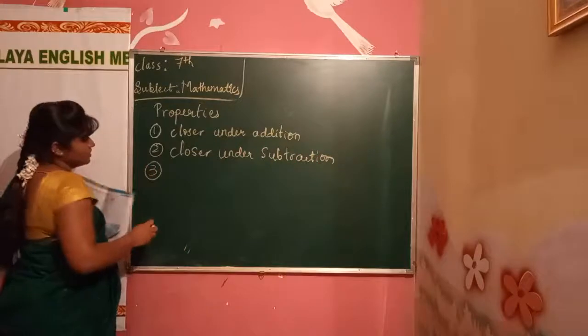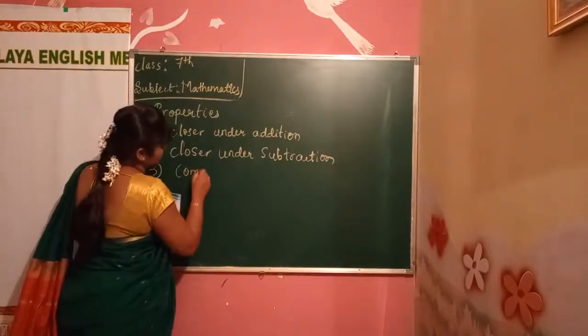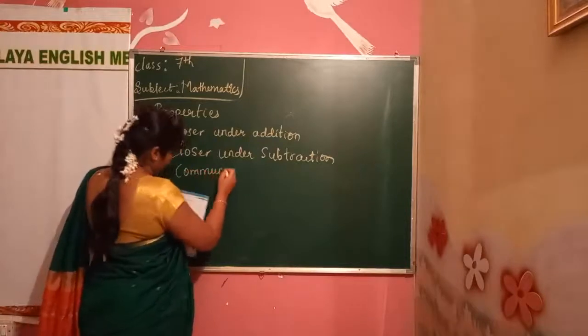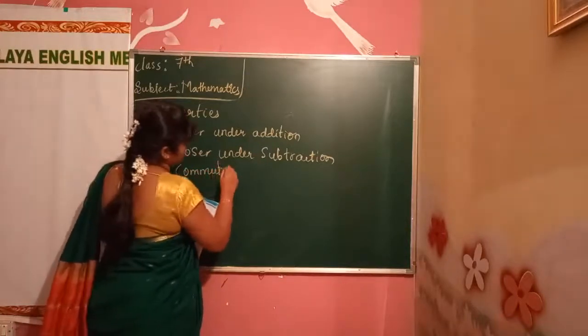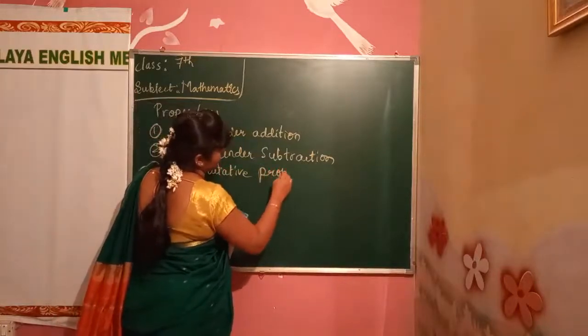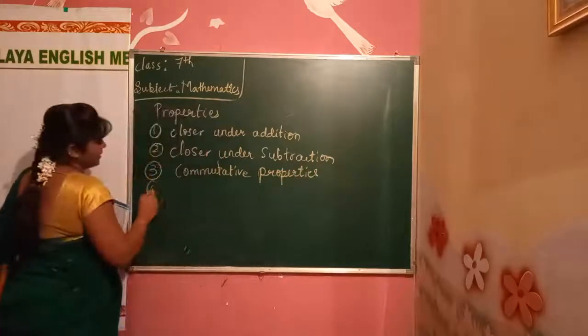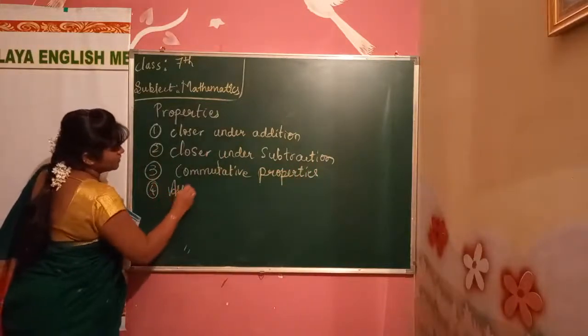Third one, commutative property. Fourth one, associative property.